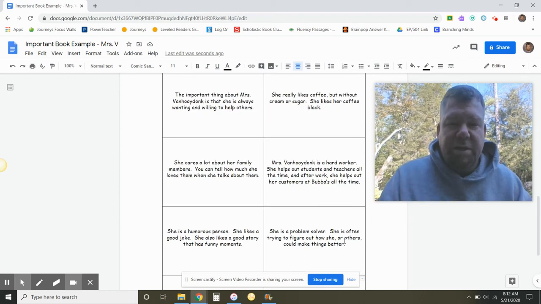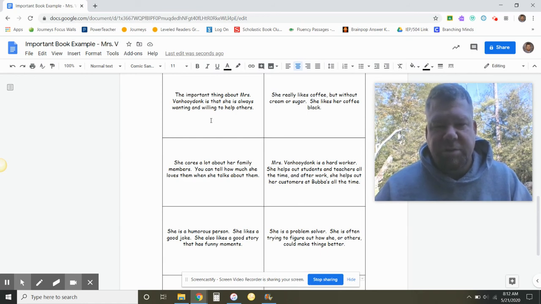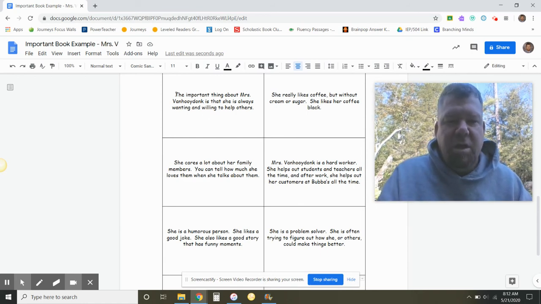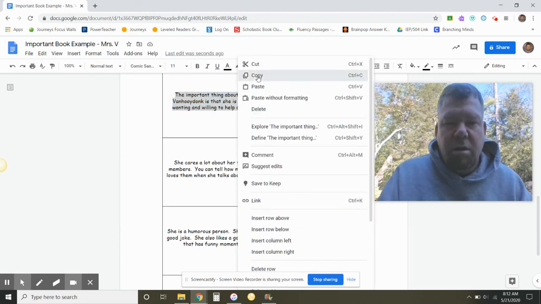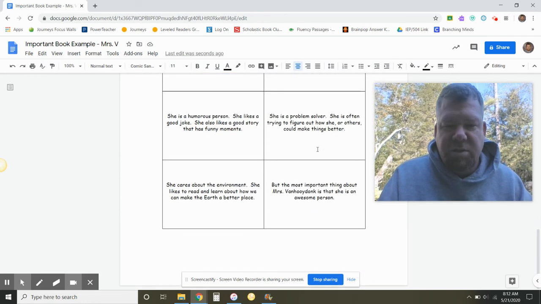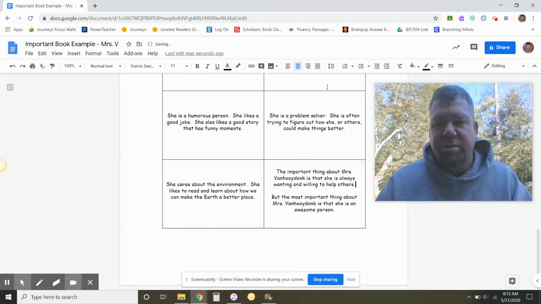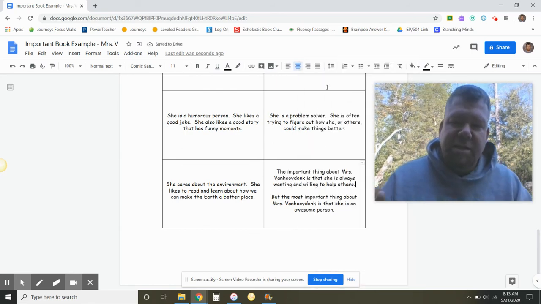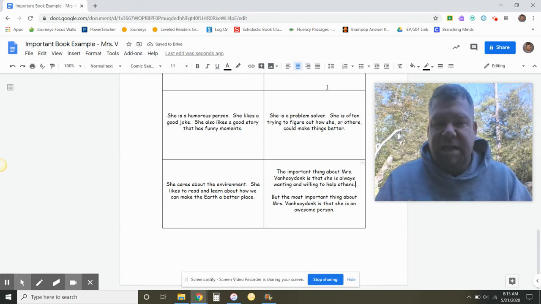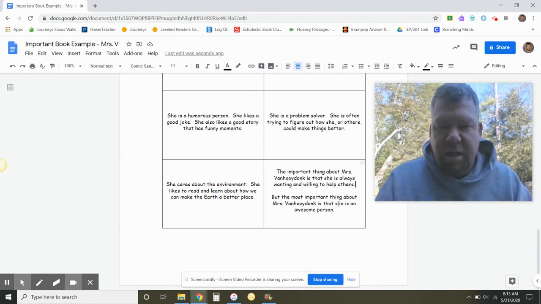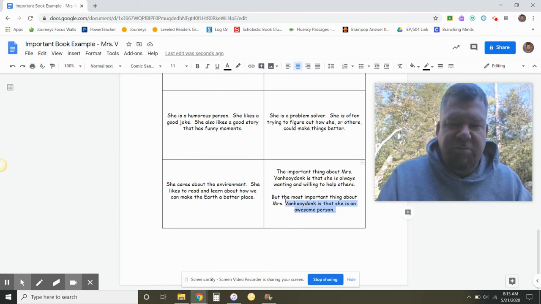If you go back to our first box, we have the important thing about Mrs. Van Hooydonk is that she is always wanting and willing to help others. I am going to copy and paste this into the last box because we want to make sure that the first thing that we say and the last thing that we say is almost exactly the same thing. Okay? I'm actually going to delete this. So this would be a revision that we need to make with the story.